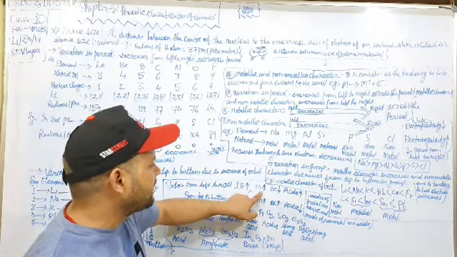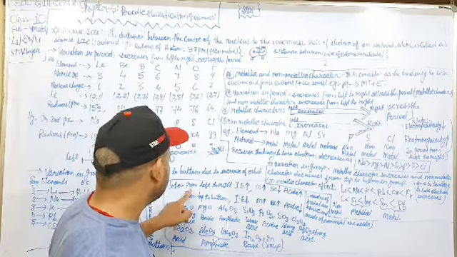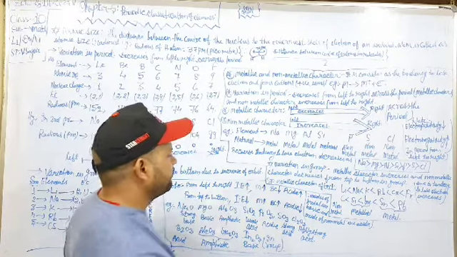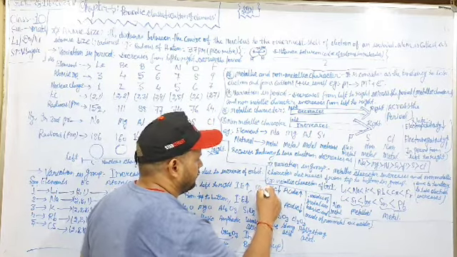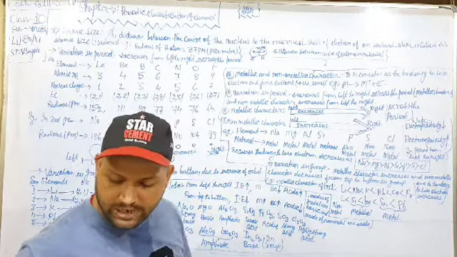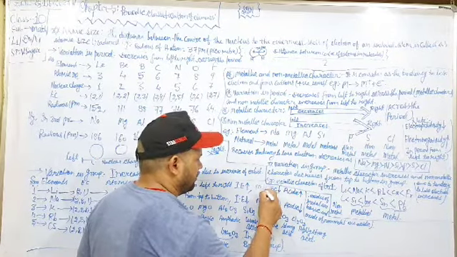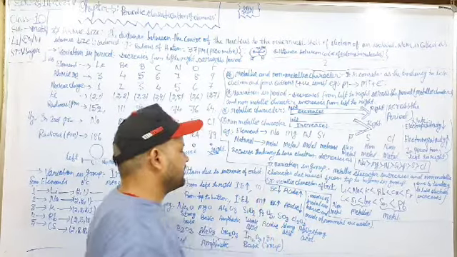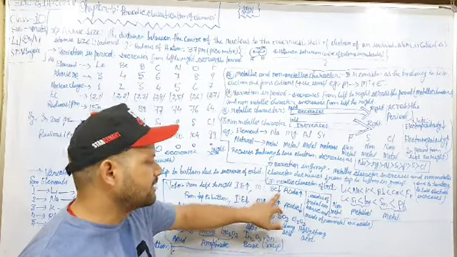That's why from left to right, metallic properties decrease, and basic character decreases.